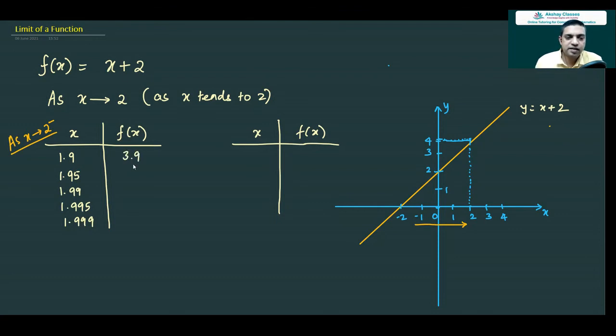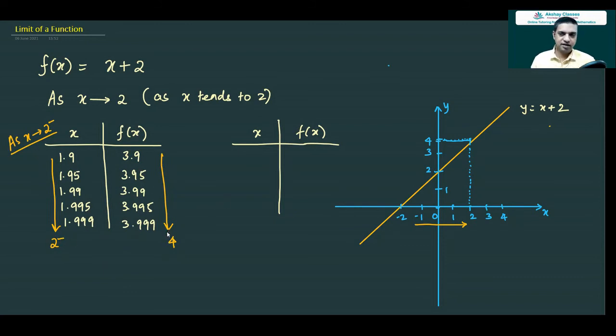It becomes 3.9, 3.95, 3.99, 3.995, 3.999. That means as x is approaching 2, f of x approaches the value 4. This is 2 minus, so this is also values slightly lesser than 4.